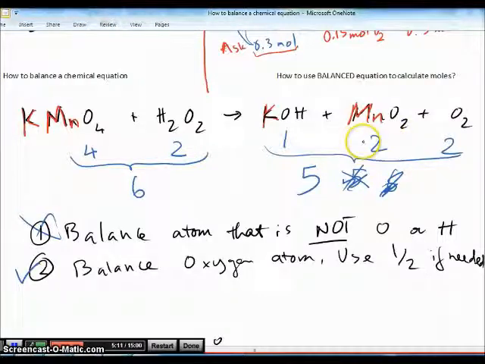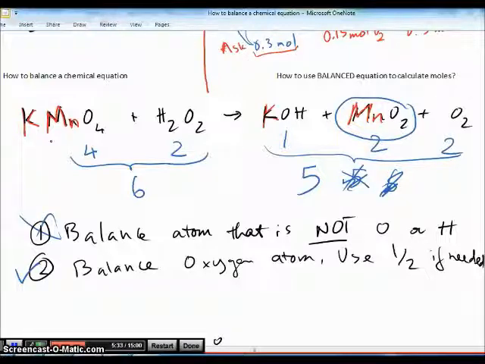Can I multiply this by something to make it even? Well, if I multiply anything on this one, I'm going to screw up the Mn. So let's not do that either. That really sucks, doesn't it?